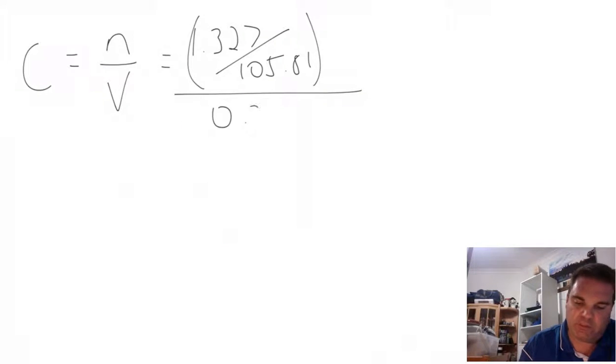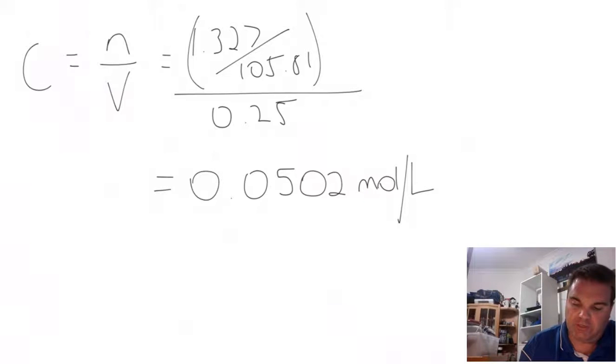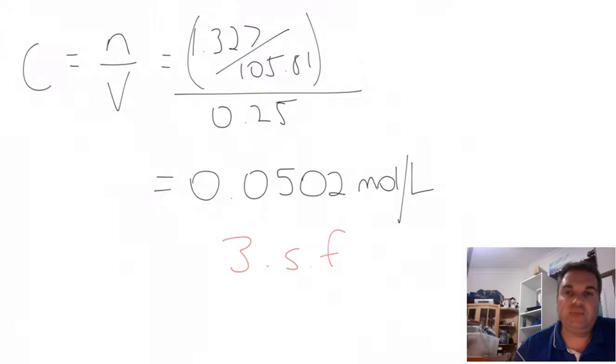So it's 0.25, converting it into litres. Putting that into our calculator, we get a value of 0.0502 moles per litre.